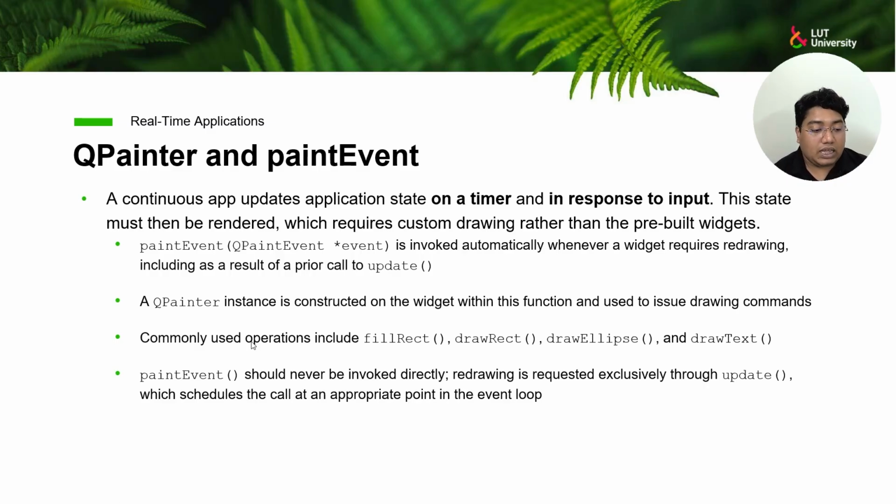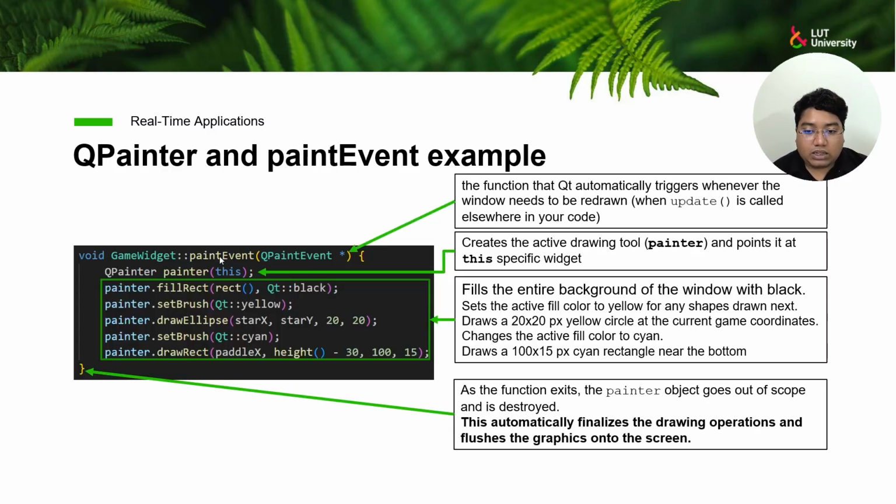Now let's see an example. Here, this one is the paintEvent function that we just talked about. This is the paintEvent function that will get called by Qt automatically whenever the window needs to be redrawn. And then we create the painter object like this. Since we added this keyword here, everything we draw will now appear on this widget. Then we will fill the entire background with black like this.